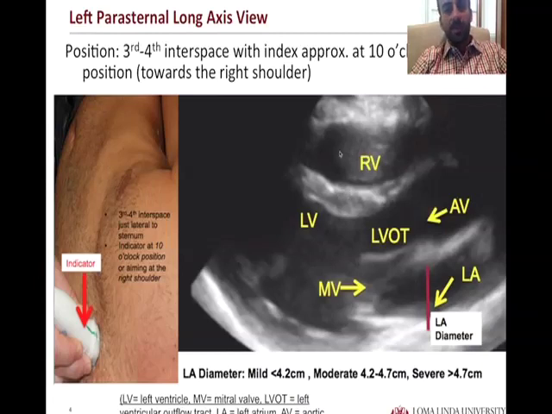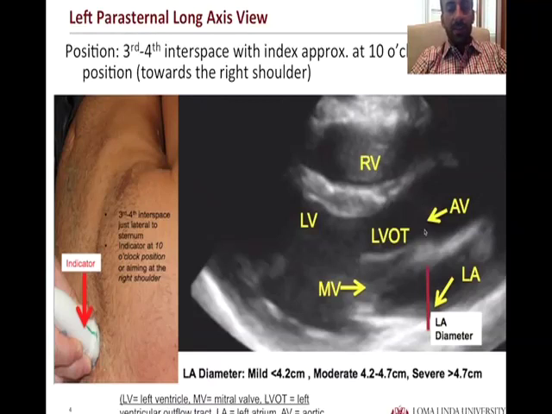Because of that, this view will allow us to have the highest potential image quality, assuming we have no artifact generation from the lungs or other pathologies. Basically, the ventricle is closest to the ultrasound probe in this view, and therefore it should provide the most detailed 2D image.